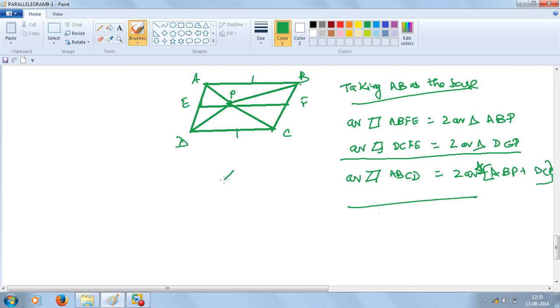For parallelogram, we write it just like this, to save space.